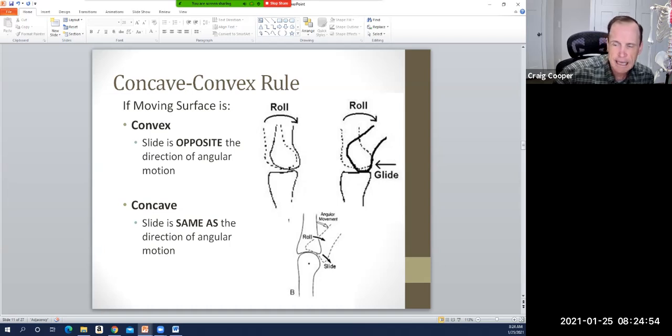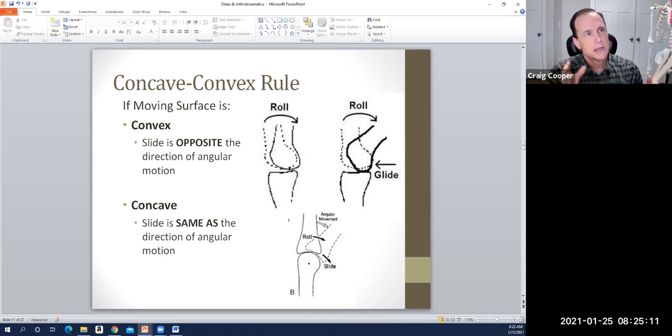So that's really the key thing to understand with most of our peripheral joints. Now the spine, because those are plane joints, it's more about understanding the angle of orientation of those facets to know which way to glide. And because of the rib cage and everything else, we really can only glide front to back.